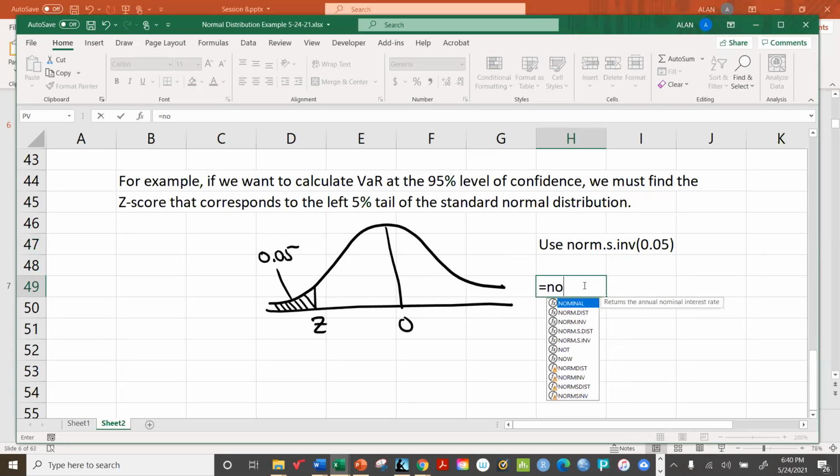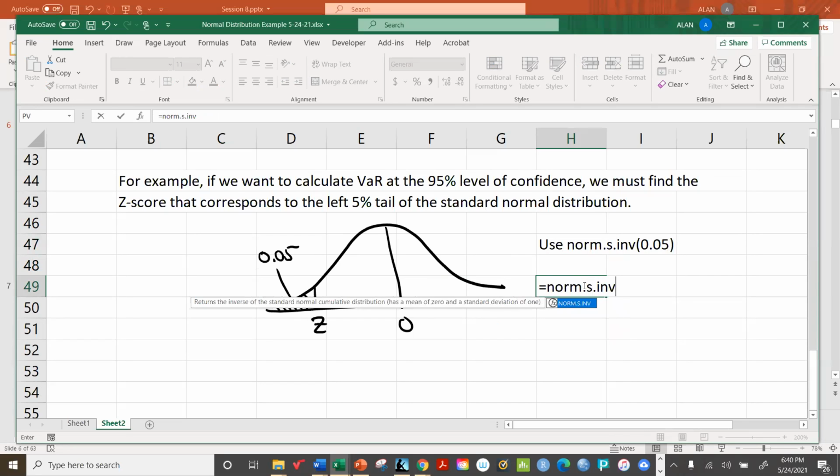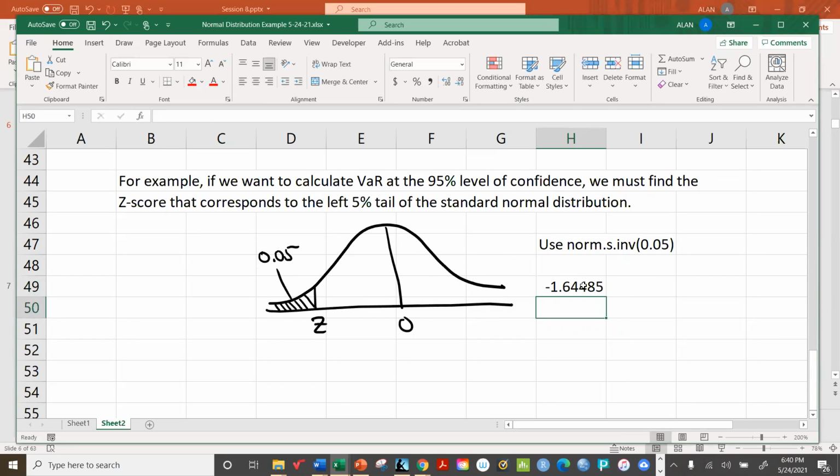All right, so we put norm.s.inv at 0.05, and we can round that to 3 places, negative 1.645. Which in turn can be interpreted as 1.645 standard deviations below the mean.